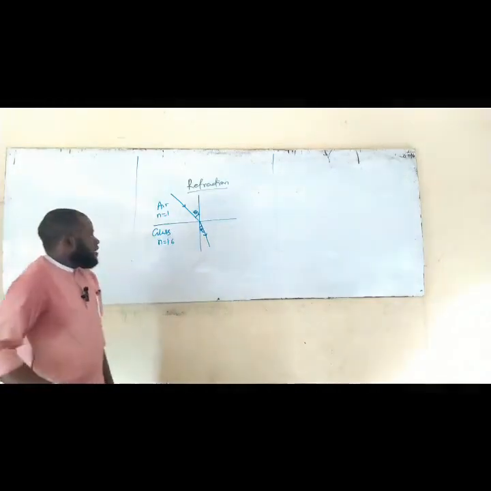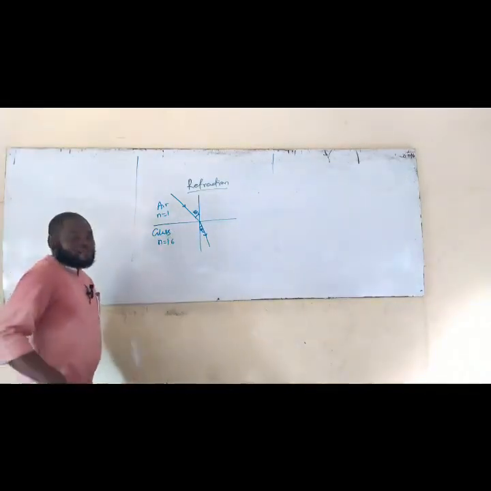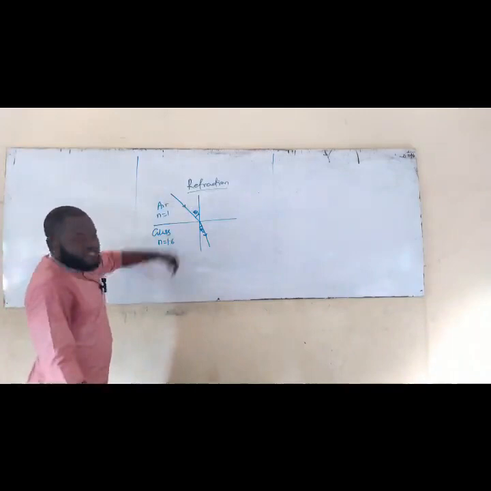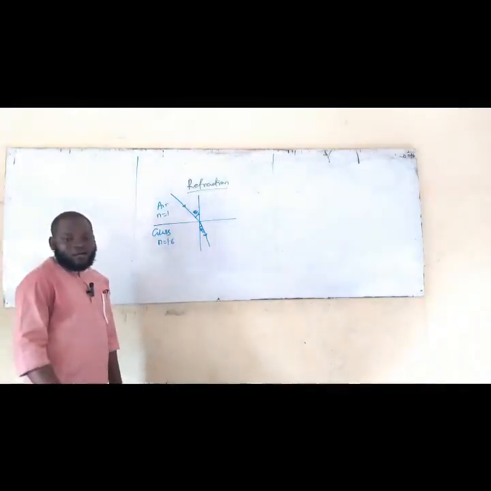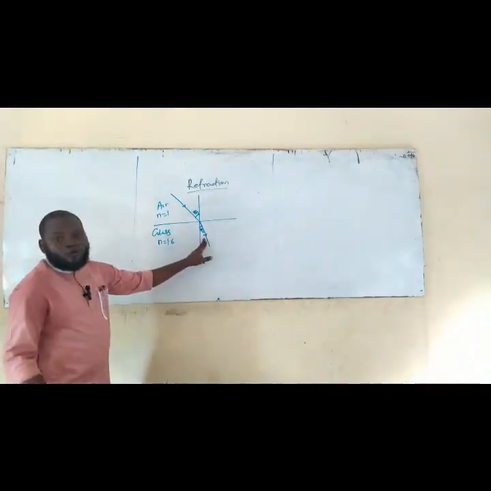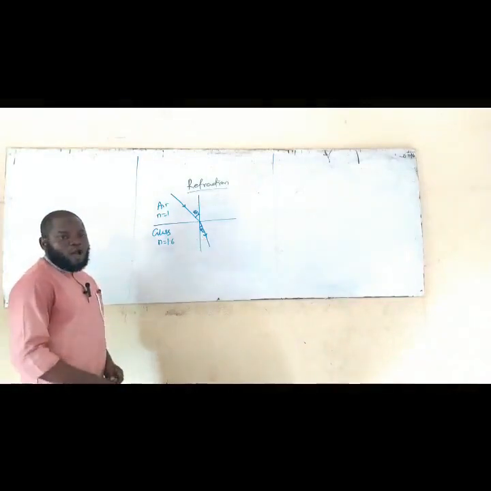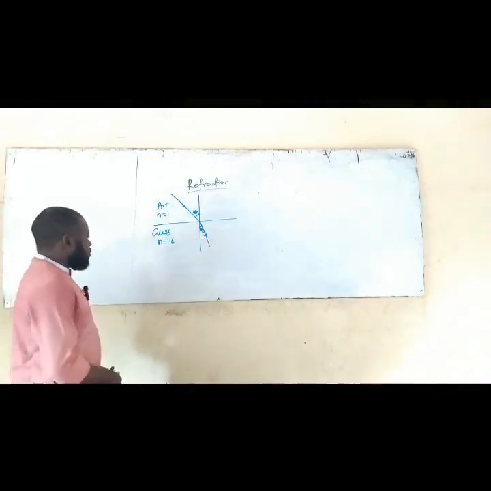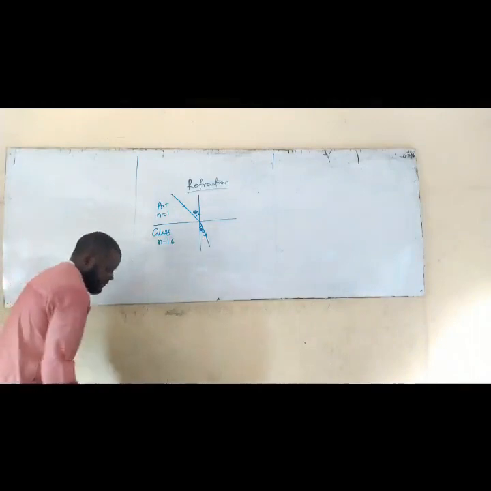Clear? Okay? Now let's take for instance that we know the angle of incidence, and we want to find the angle of refraction. How do we go about that? It's very simple. We go back to Snell's law again.